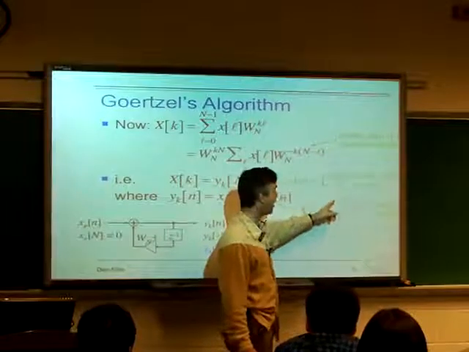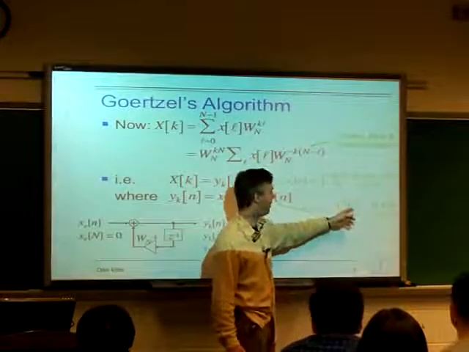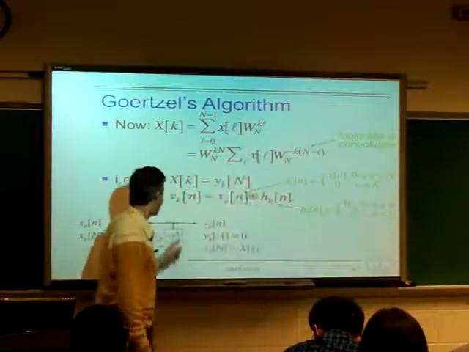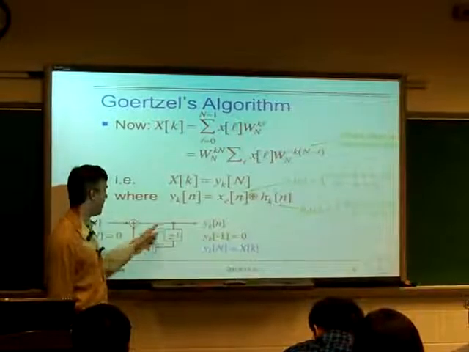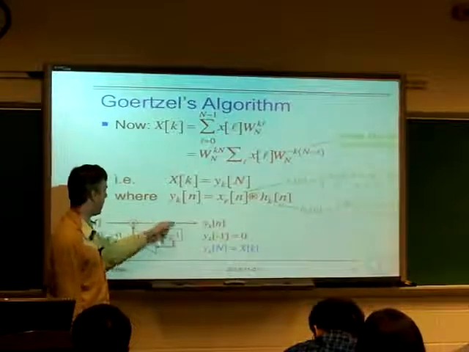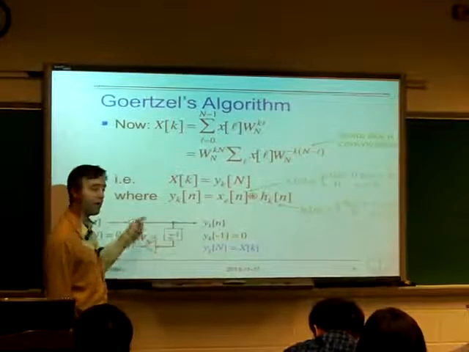So it's an IIR system with a single feedback term of alpha equal to W sub N to the minus k. So we can build a system with that impulse response very, very simply like this. The first time it's 1, then if you put an impulse in, you get 1, then alpha, then alpha squared, etc.